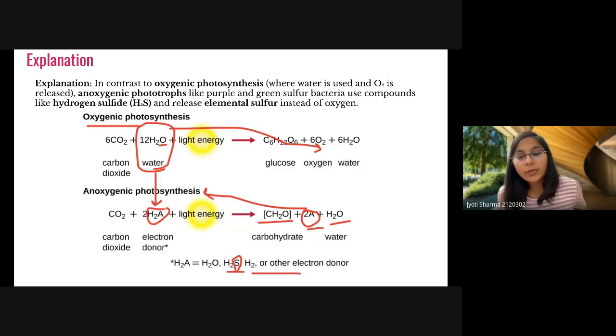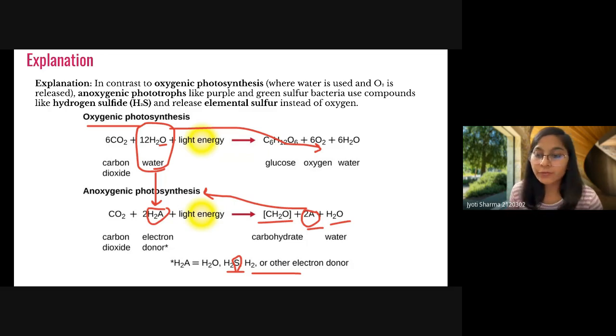So this is how you can differentiate between oxygenic and anoxygenic photosynthesis based on the electron donor. If the electron donor is water, then it comes under oxygenic photosynthesis. And if we do not have water as the electron donor, then it comes under anoxygenic photosynthesis.